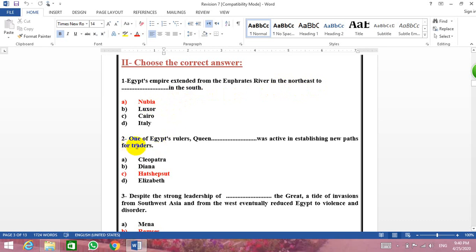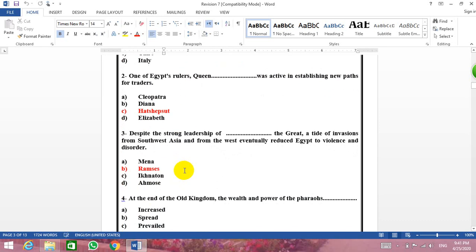Number 2, one of Egypt's rulers, Queen Hatshepsut, was active in establishing new paths for traders. So option C, Hatshepsut, the queen's name was Hatshepsut.